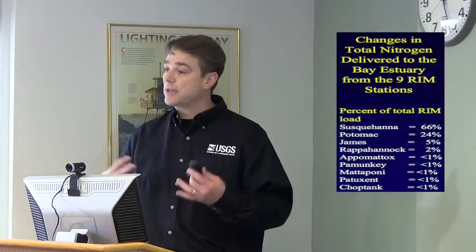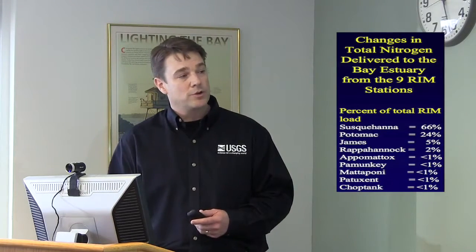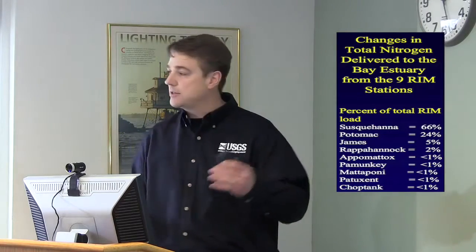One thing that I brought in is the overall contribution to that total load. For total nitrogen, we see that the Susquehanna River is contributing about 60% of the load, whereas the Potomac is contributing about 24%. As you get down into the other basins, there's just minor contribution relative to those two watersheds.